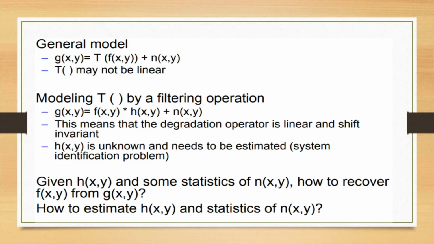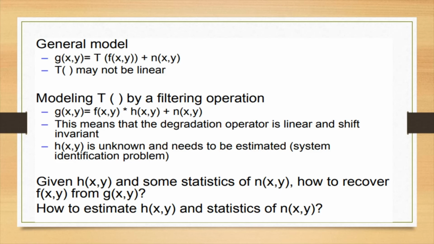In general, the degradation is represented as g(x,y) = T[f(x,y)] + n(x,y), where T is a transform operator that may not be linear. Here g(x,y) is the degraded image, f(x,y) is the original image, and n(x,y) is additive noise.